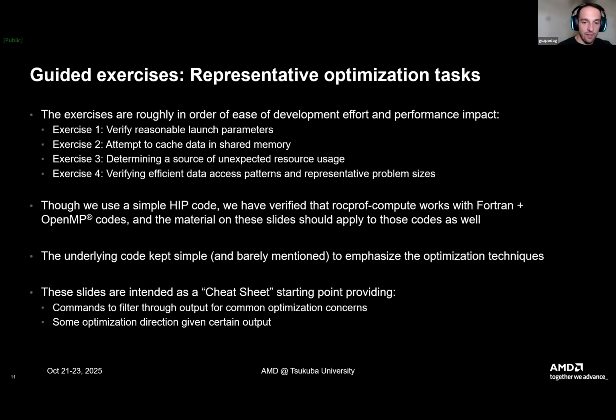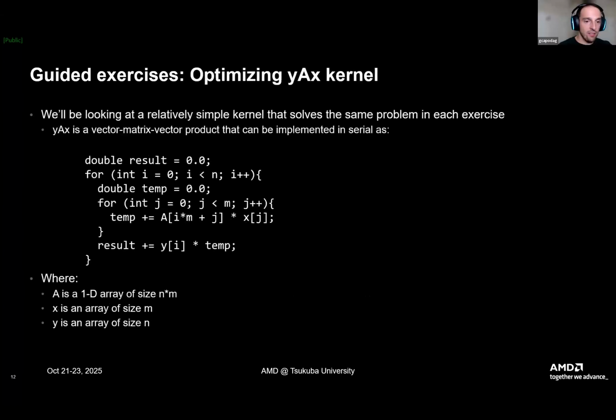Okay, so let's go ahead and dive into the first one. Throughout the examples that I'll show you, we're considering a kernel that's doing a vector matrix vector product. So it's y = Ax, and A is this array that's been unrolled into a 1D array like that.